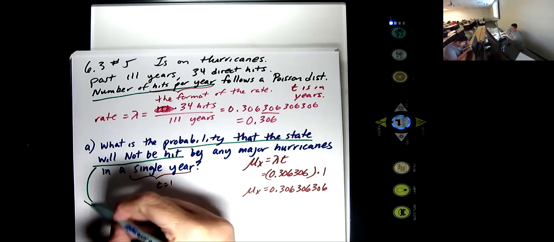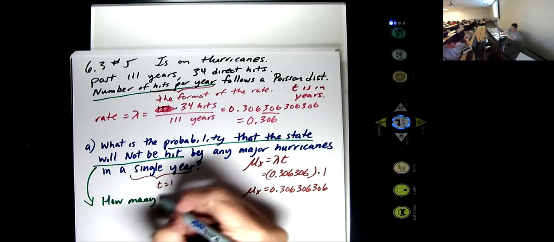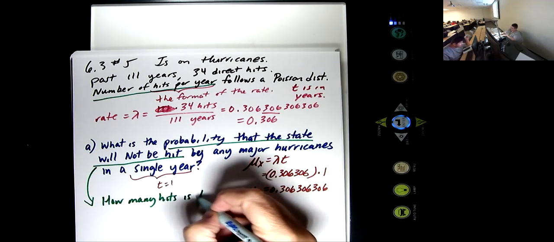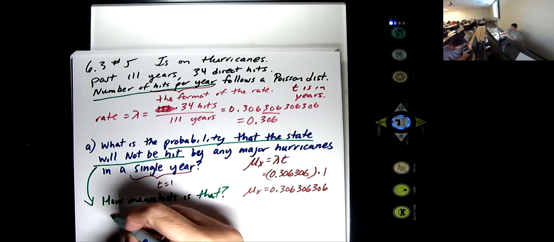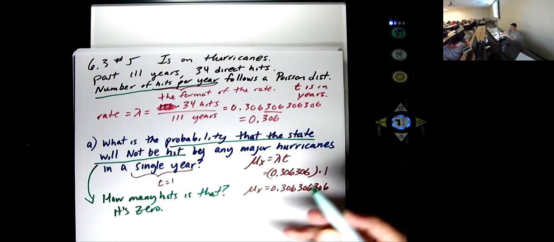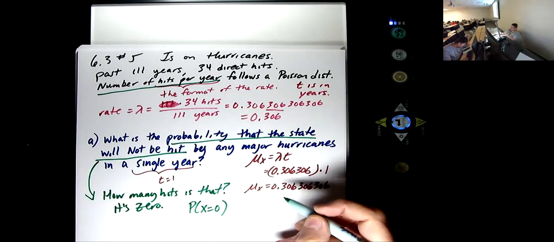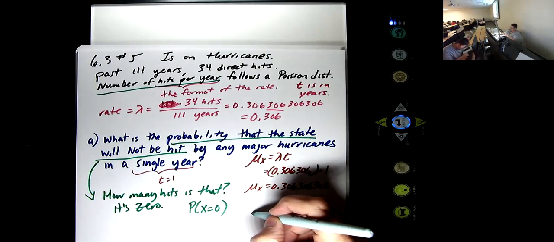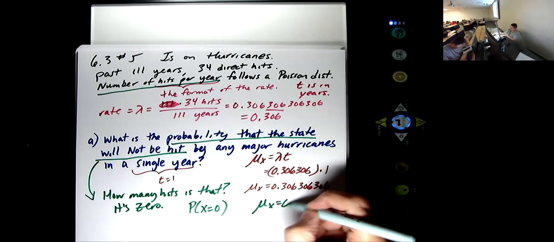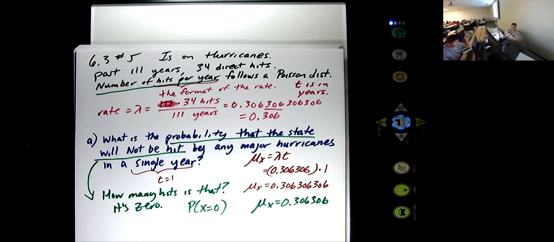Not hit. Just stop and think about it. If you're wondering how many hits is that? It's 0. So you're going to do the probability that x equals 0, and you're going to use mu of x equals, in my case, 0.306306.